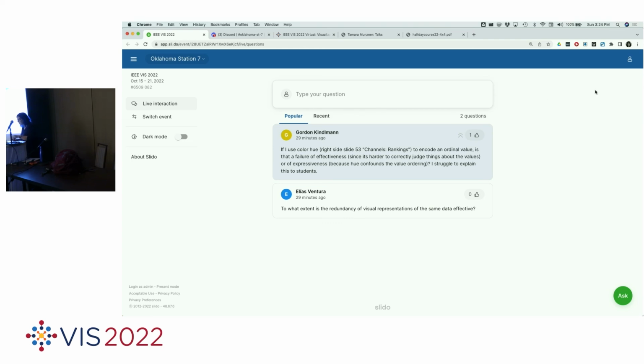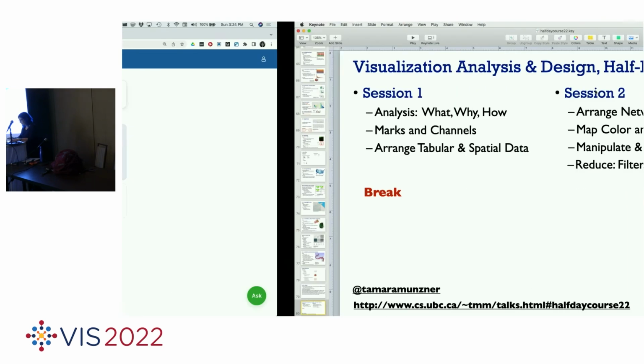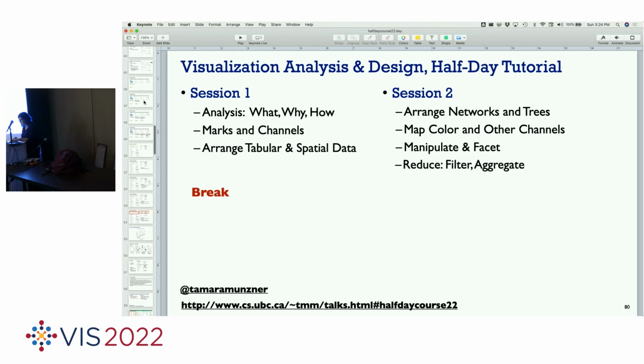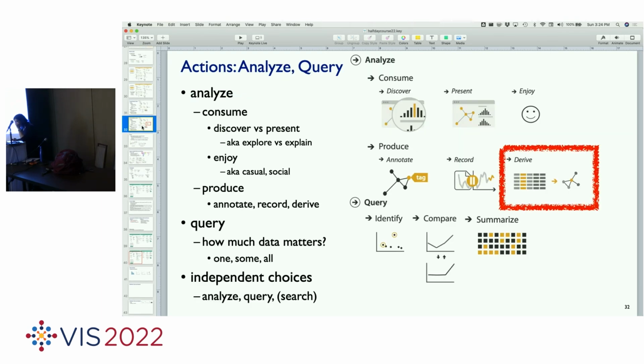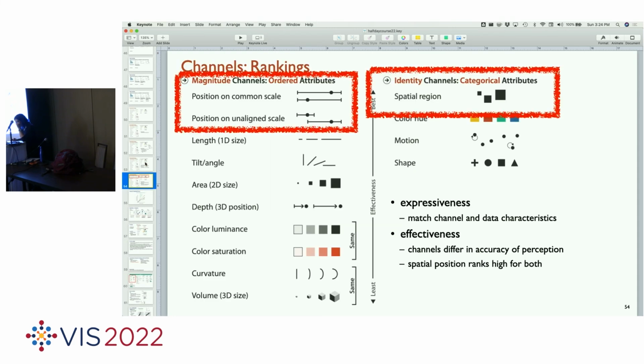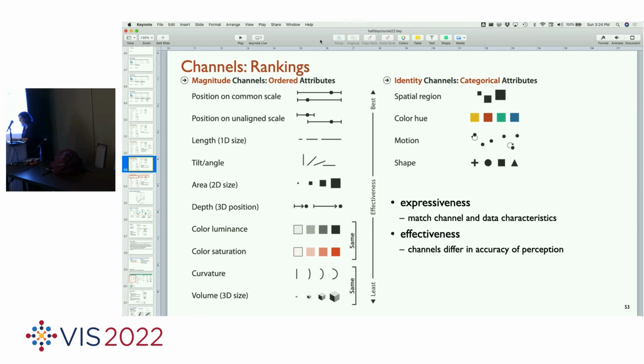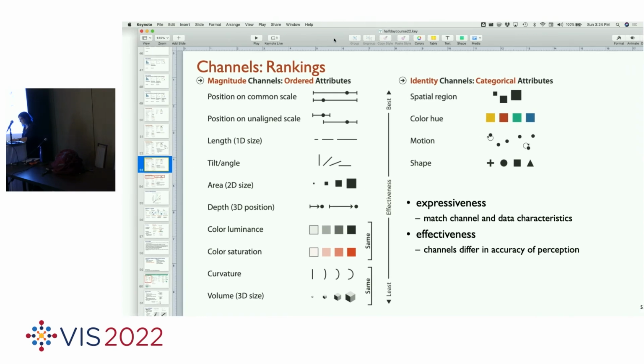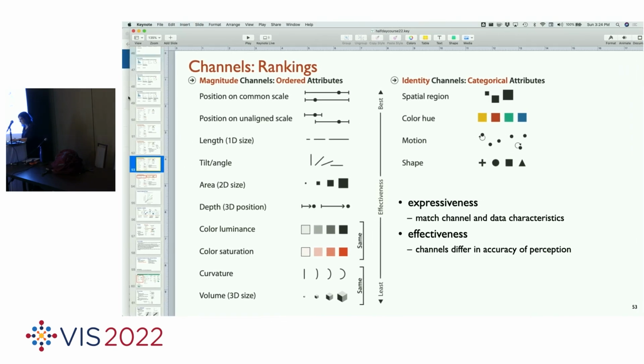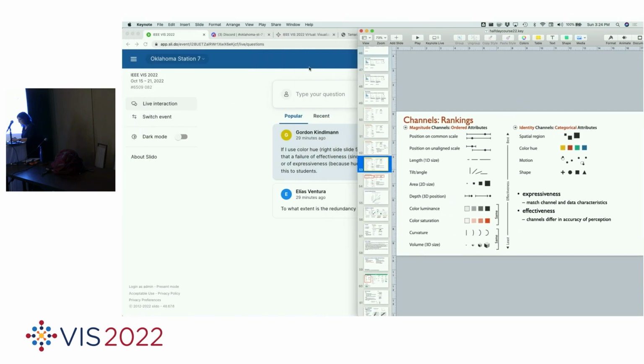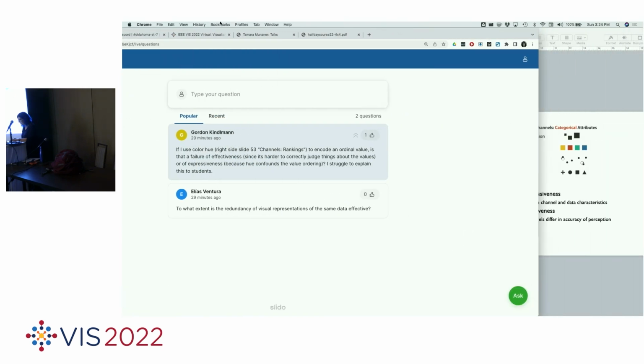So let's actually see if we can get this side by side. I can only think if I've got these things side by side.